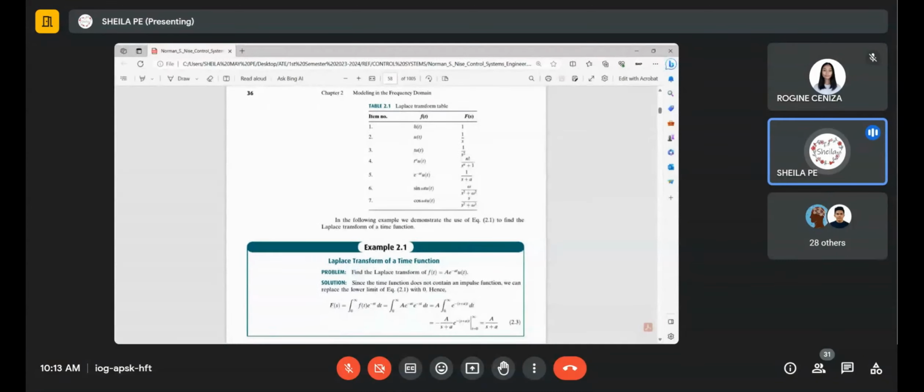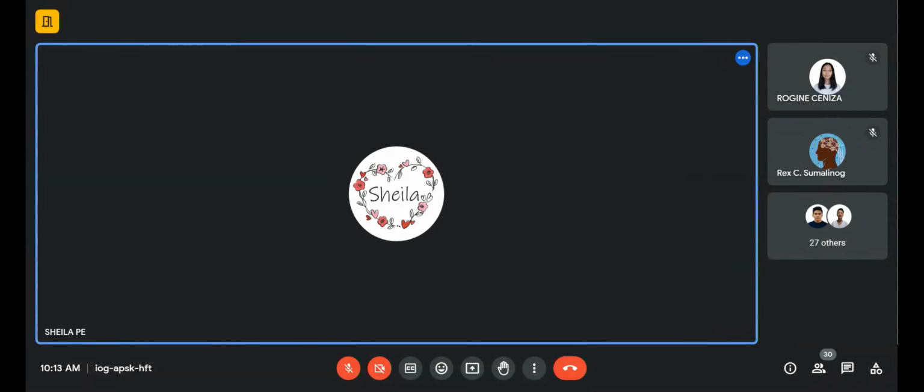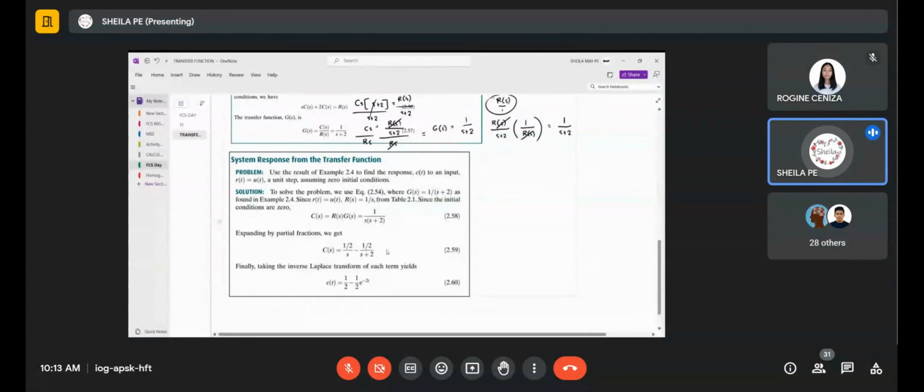Now, for our example, we need to find the response C of t to an input R of t, which is equal to U of t, our unit step, assuming zero initial conditions.